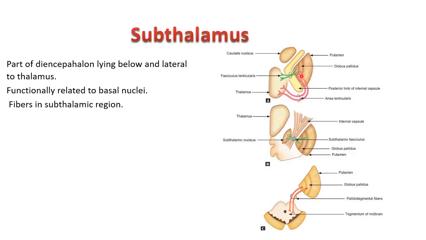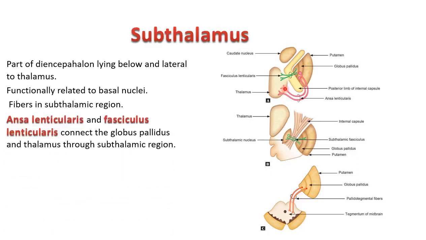So this is your globus pallidus and your putamen, your lentiform nucleus, and the thalamus here. So some fibers pass to the thalamus via the internal capsule, or some wind around the posterior limb of the internal capsule. So they are actually called the ansa lenticularis and fasciculus lenticularis.